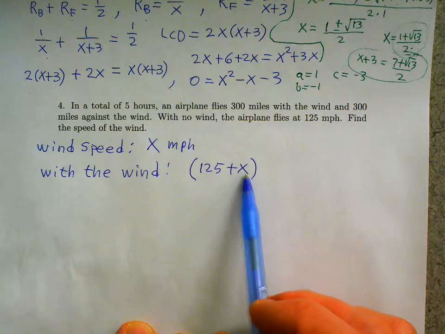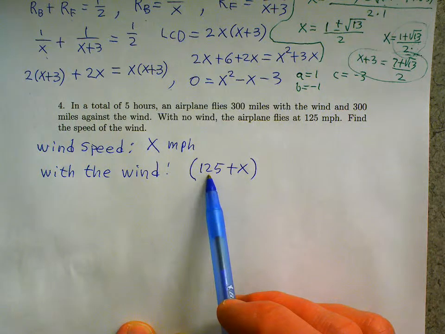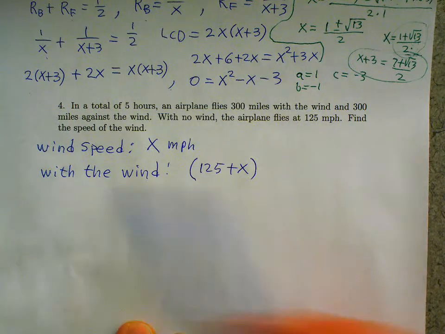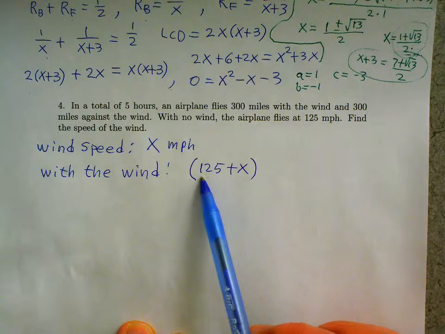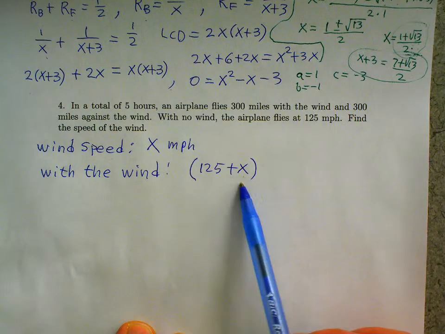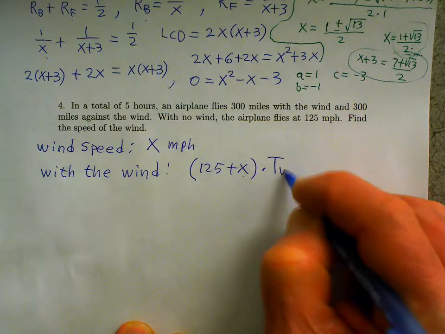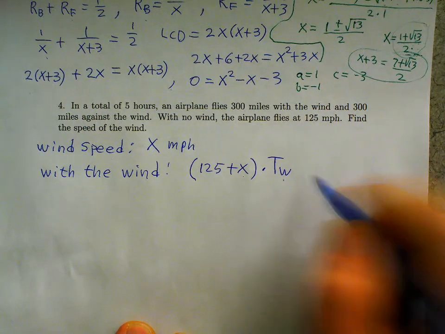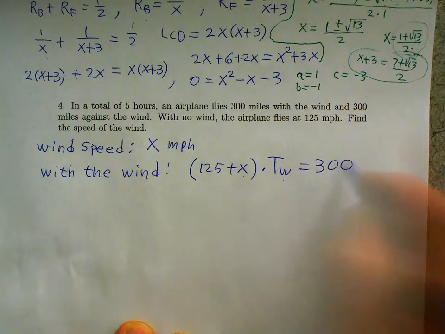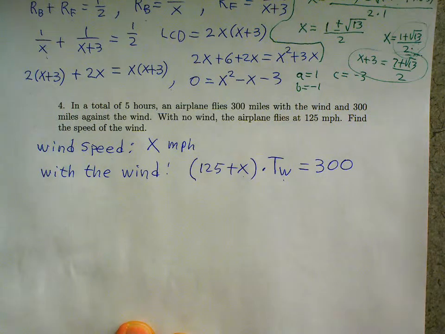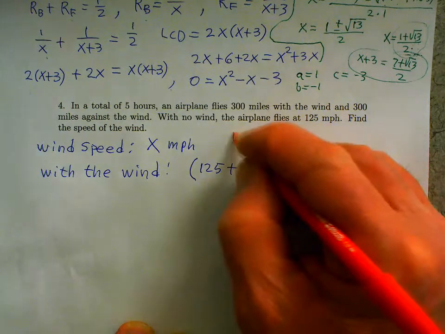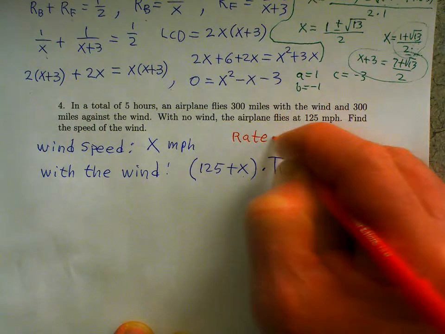If there was no wind, it would be 125 miles per hour. But since it's going with the wind, it's x miles per hour faster. And we'll use T sub W for the amount of time it takes to fly 300 miles with the wind. Okay, so we have rate times time equals distance.